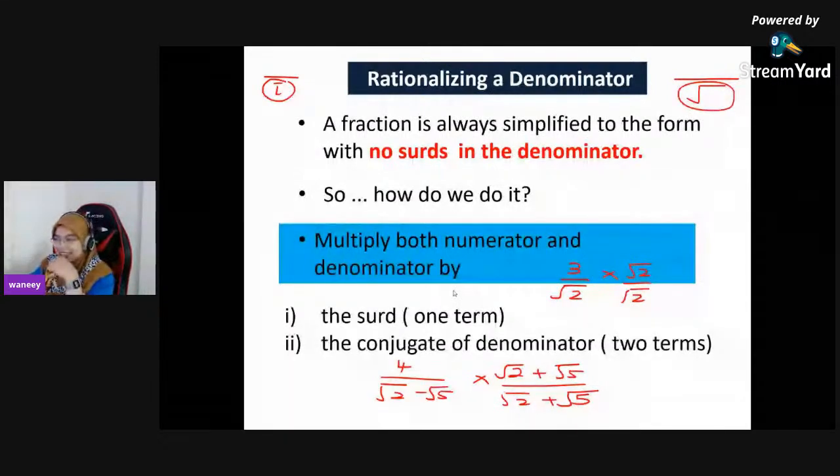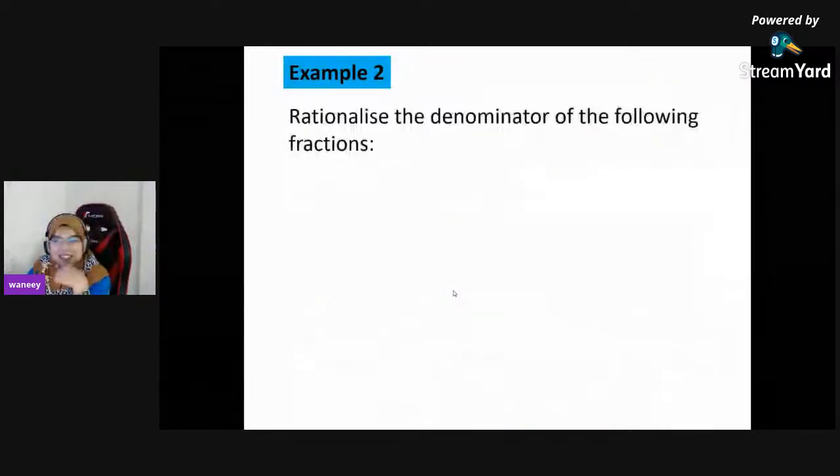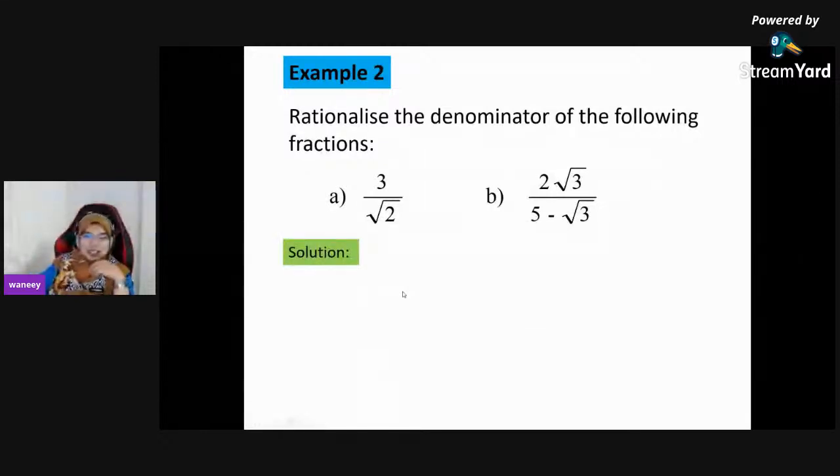Now, next, let us go to the example. Okay, so example 2, rationalize the denominator of the following fractions. We have 3 over surd 2 and then another one is 2 surd 3 over 5 minus square root of 3. Let us proceed with A. 3 over surd 2, there is only one term, so we should multiply with the surd.